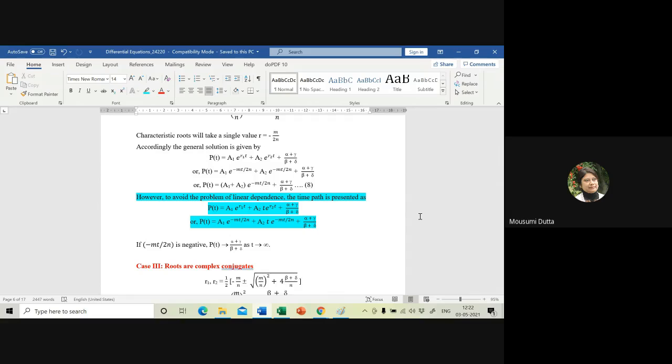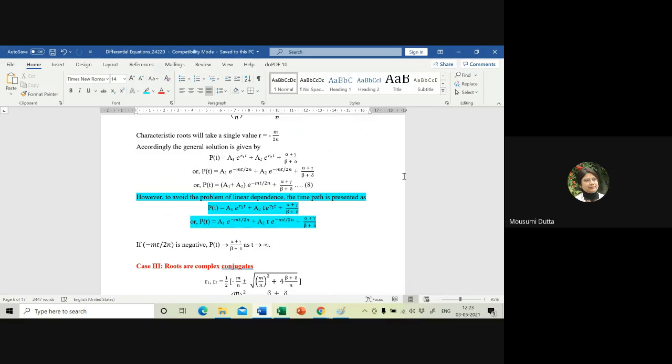Next, I'm coming to the repeated real roots case. Last day, I stopped with equation number 8, that is Pt is equal to A1 plus A2 e to the power minus mt by 2n plus alpha plus gamma divided by beta plus delta.